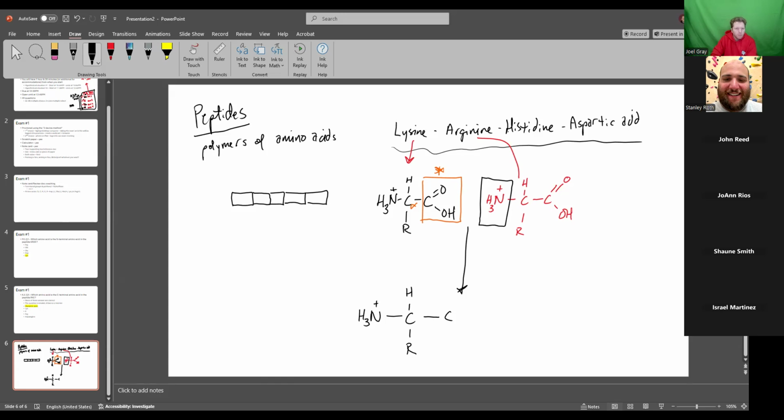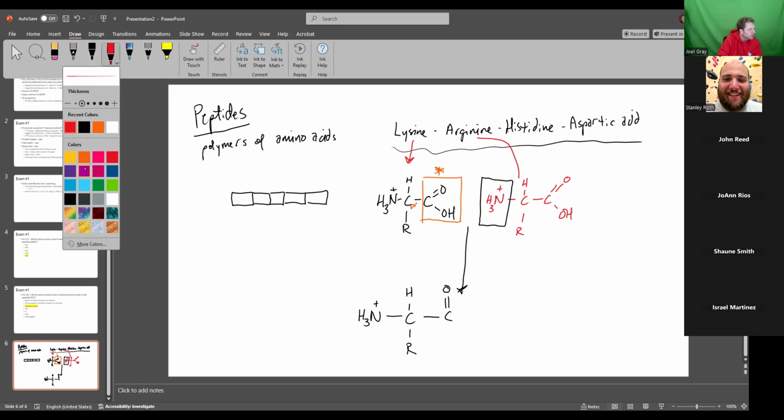Is it the same for all peptides? Yes. Great question, Stanley. That is a fantastic question. Now, what's going to change is that in my carboxyl group, I'm still going to have a carbonyl carbon. Now I'm going to switch colors, let's pick something kind of in the middle. I'm going to go with a purple.